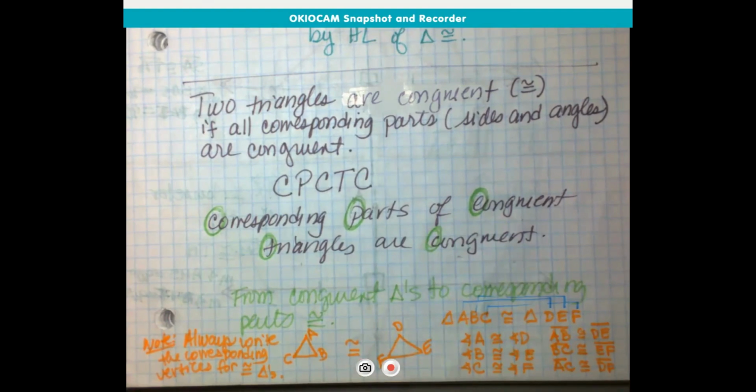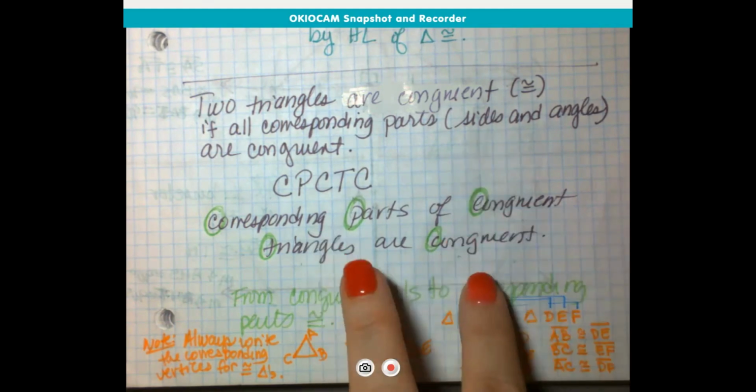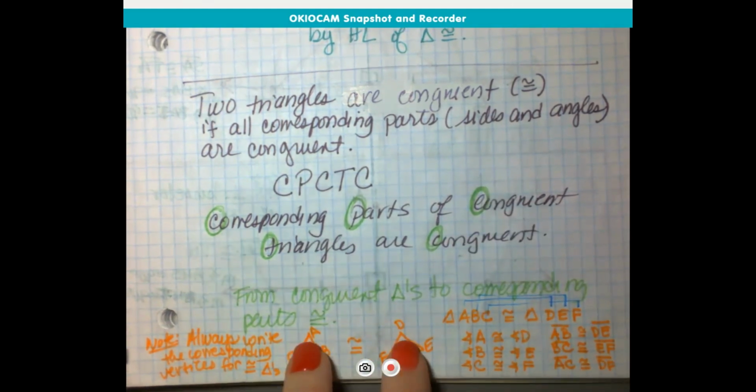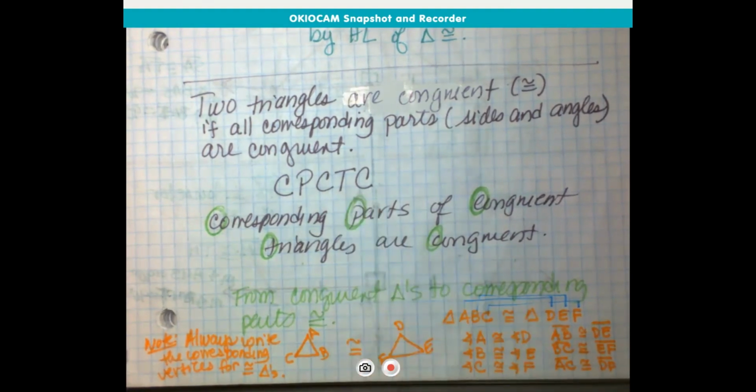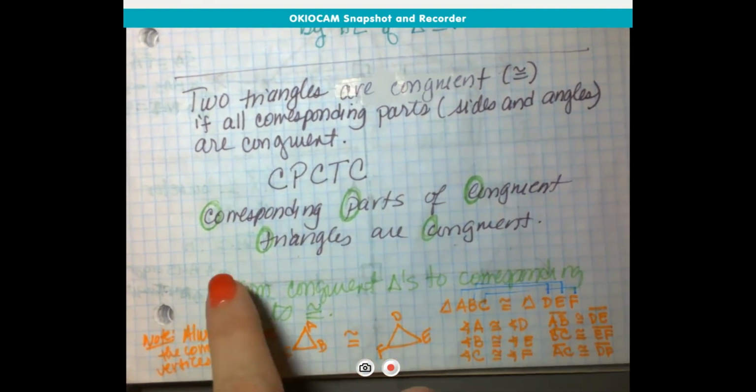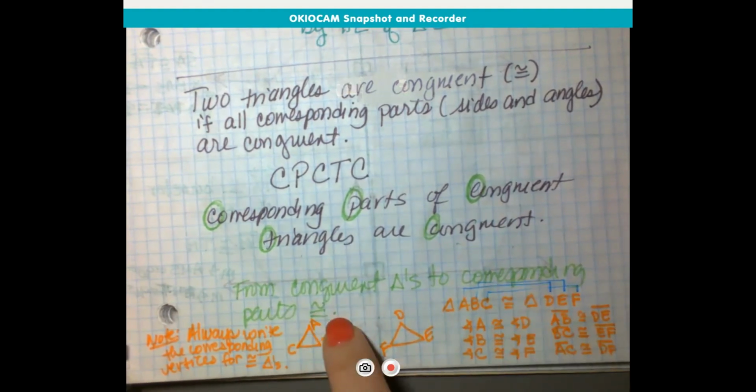Okay. So CPCTC. When they tell you that two triangles are congruent and you want to say that these two sides are equal, this is your justification, CPCTC. So, like I said, you go from congruent triangles to corresponding parts.